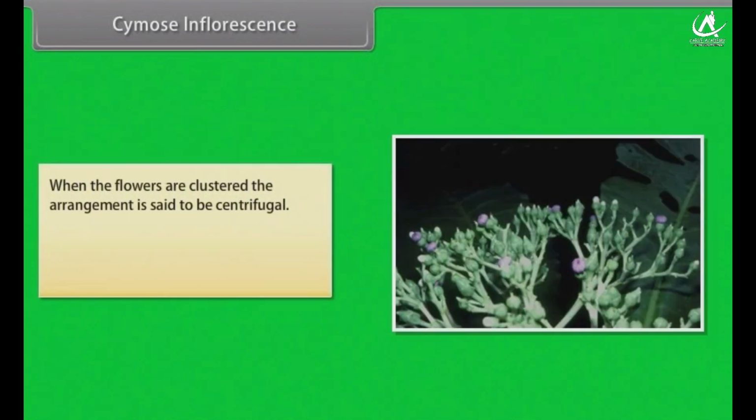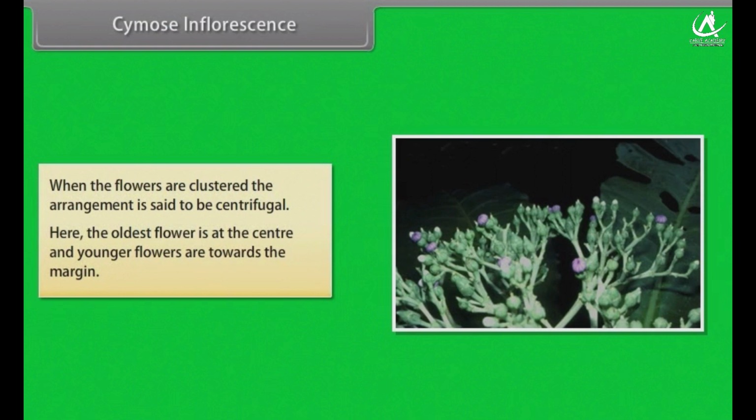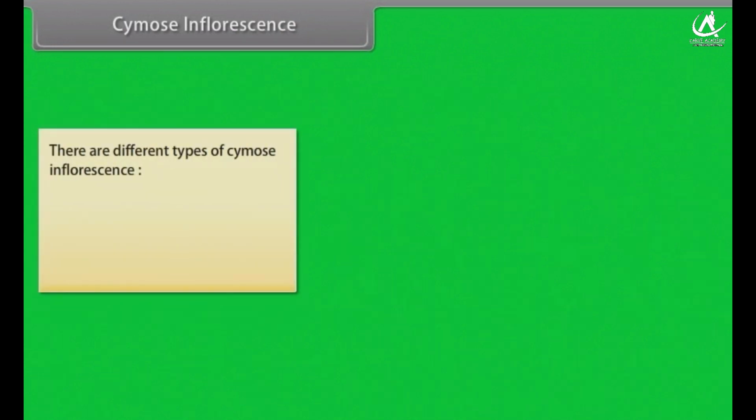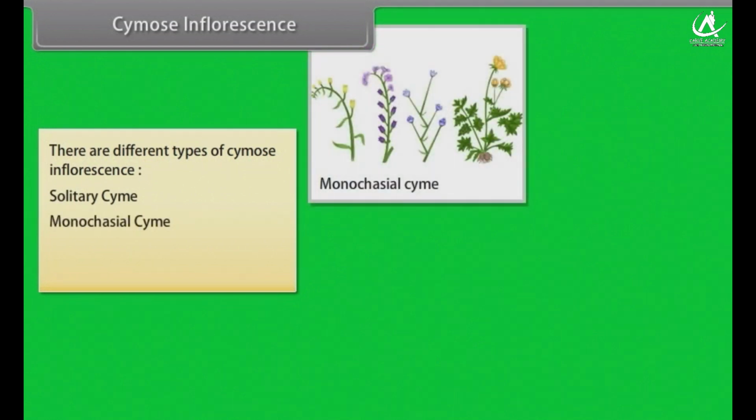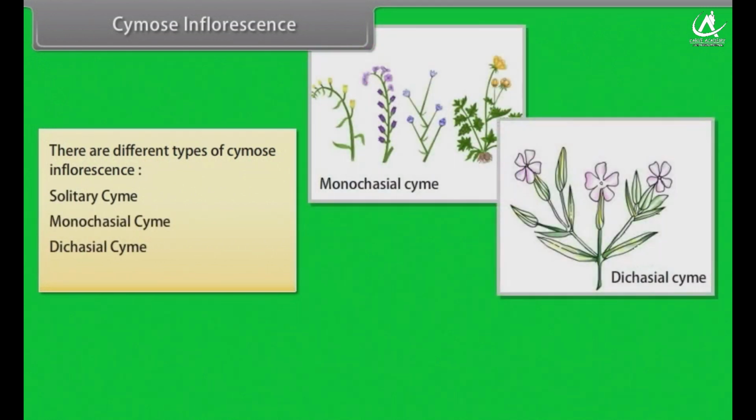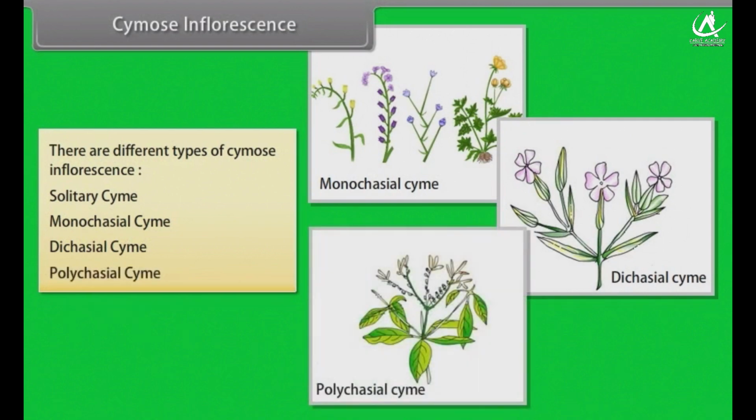When the flowers are clustered, the arrangement is said to be centrifugal. Here, the oldest flower is at the center and younger flowers are towards the margin. There are different types of Cymose inflorescence: solitary cyme, Monochasial Cyme, Dichasial Cyme, Polychasial Cyme.